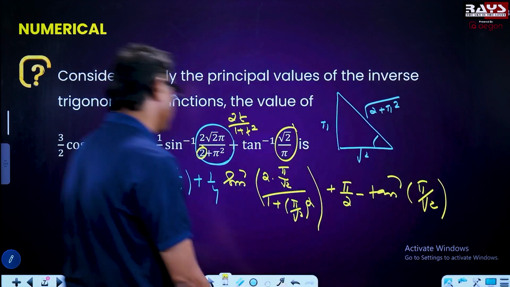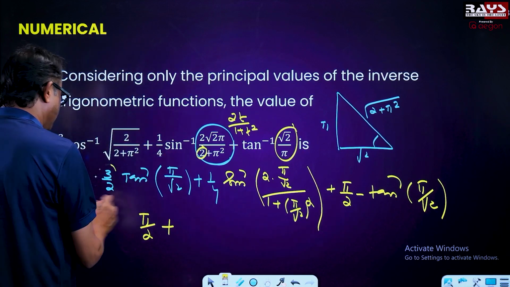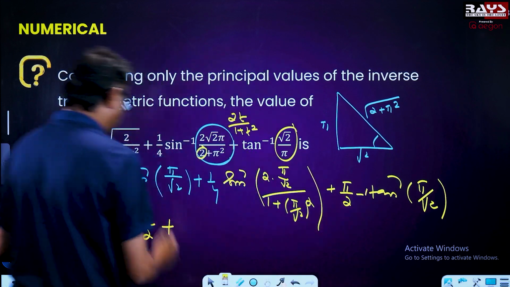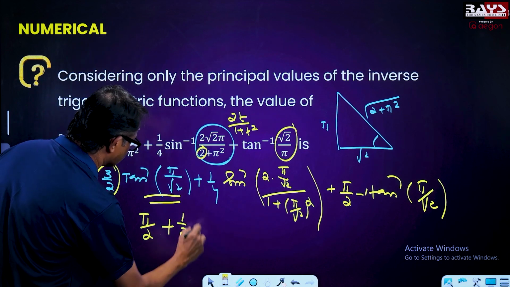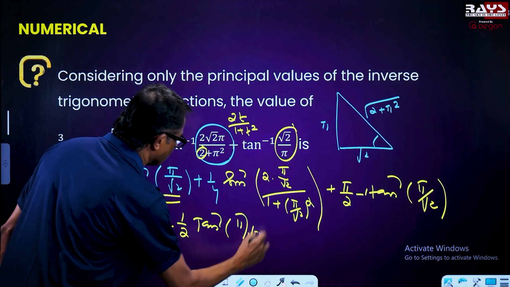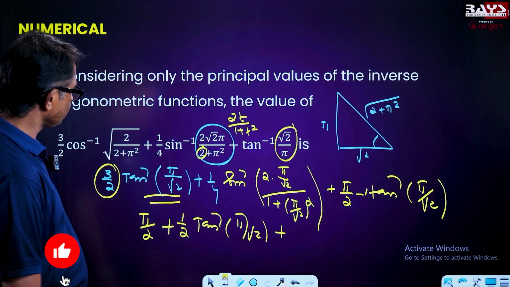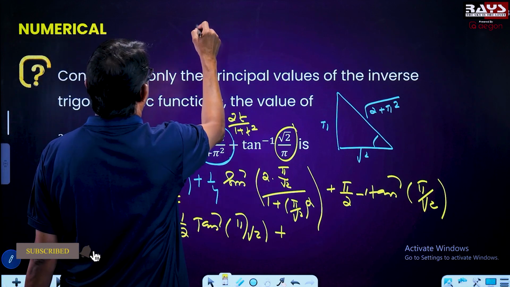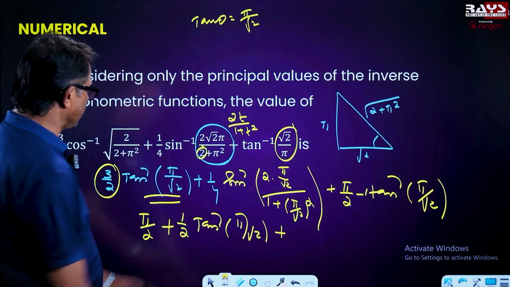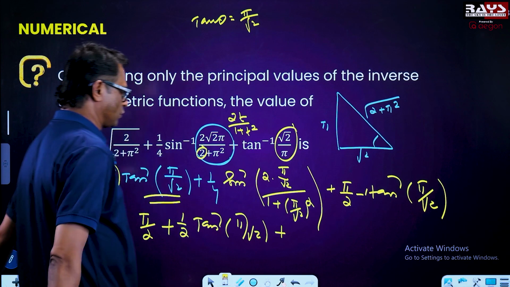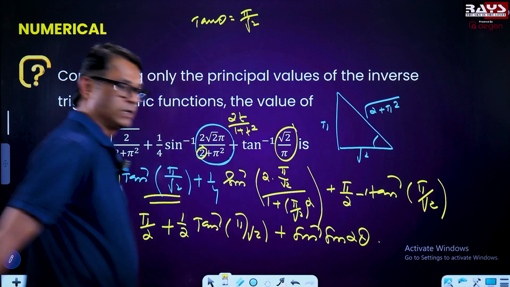So this pi by 2 I am writing over here, plus 3 by 2 minus 1 tan inverse pi by root 2 taken outside, that is 1 by 2 tan inverse pi by root 2, plus 1 by 4 into... look here, suppose I put pi by root 2 equal to tan theta. Then you will be getting sin inverse 2 tan theta by 1 plus tan square theta, that is sin inverse sin 2 theta, am I right?